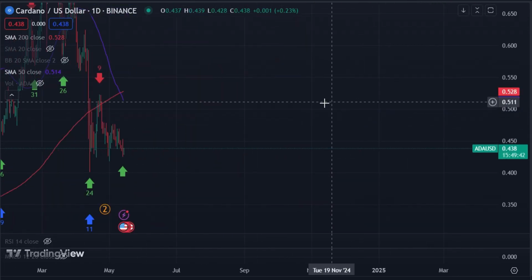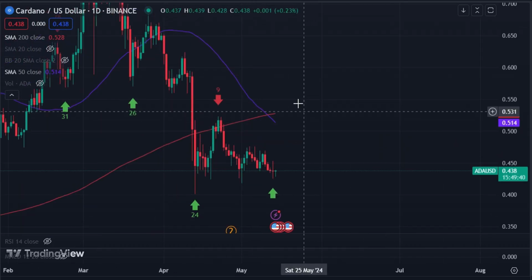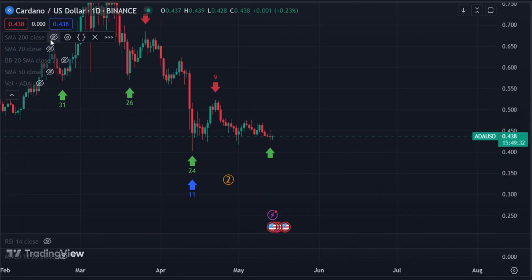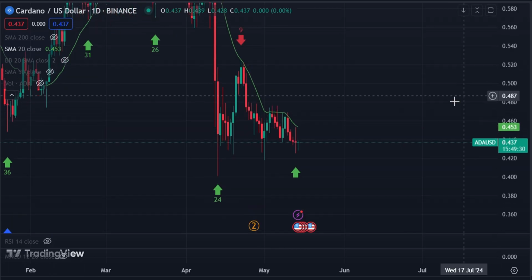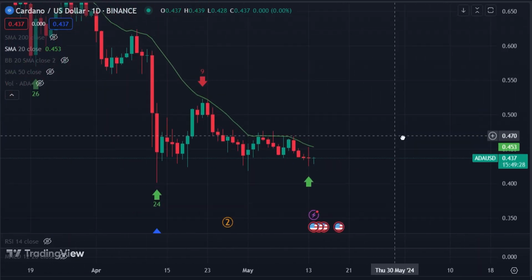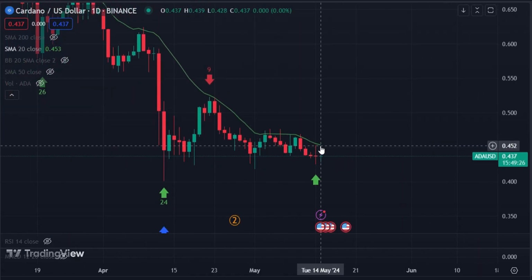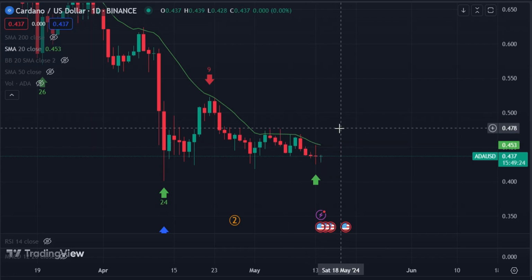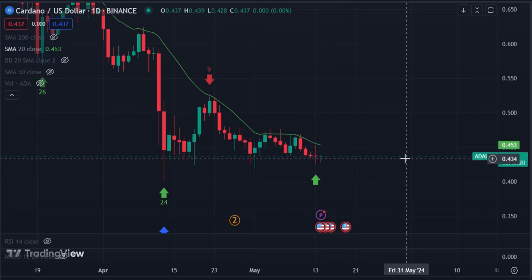So I wouldn't be too worried about this cross here. And the 20-day moving average is still acting as our short-term resistance. So if we can break through here, it's bullish.